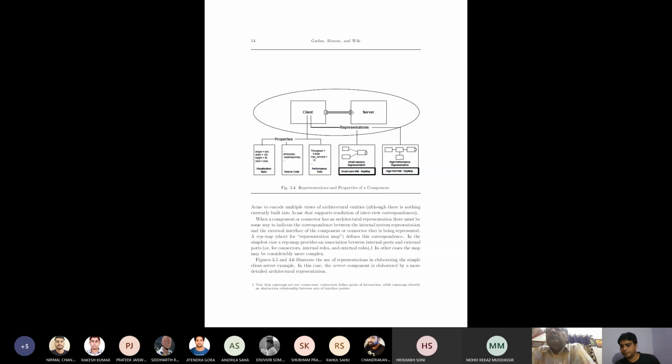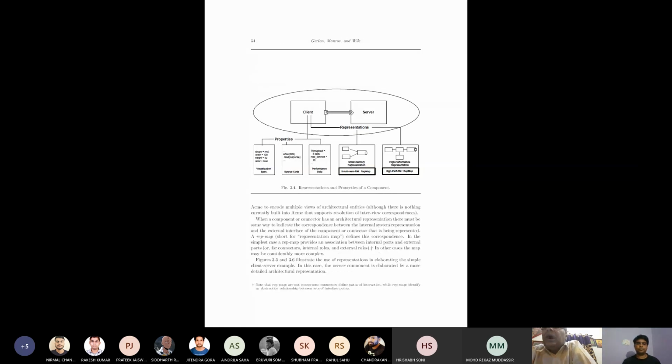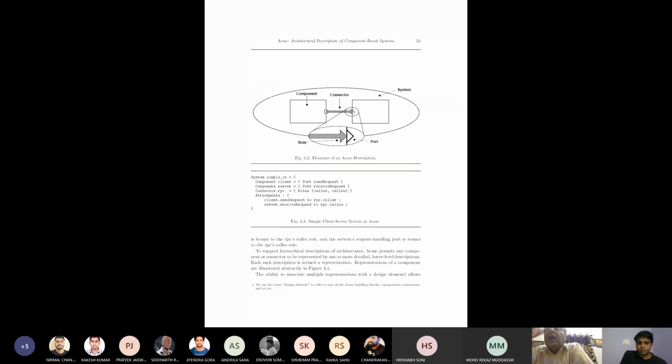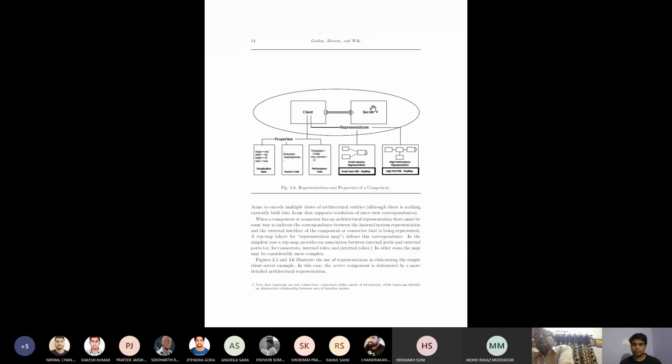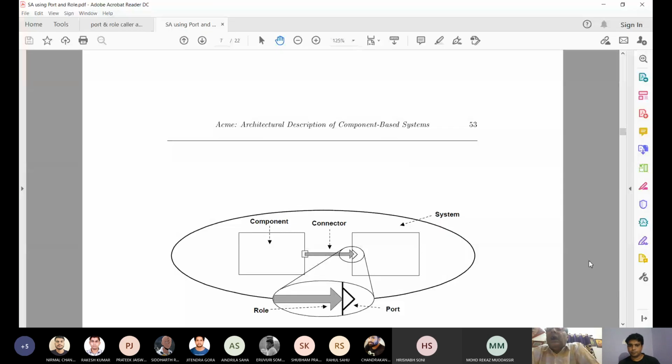So this one. Not this one, the previous one. The previous page. Just enlarge it.